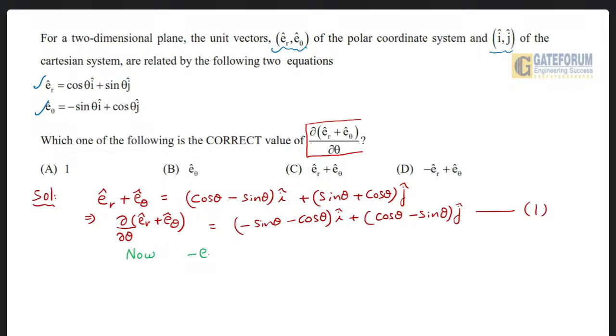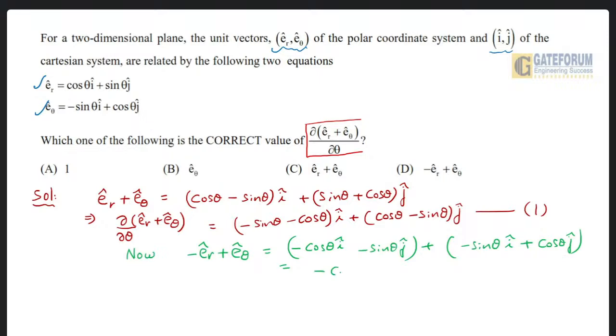Minus E_r cap plus E theta cap. So this is minus multiplied by, that is minus cos theta i cap minus sin theta j cap, plus E theta cap already given, minus sin theta i cap plus cos theta j cap. Now like terms to be simplified, take i cap common for the second and fourth term, take j cap common.